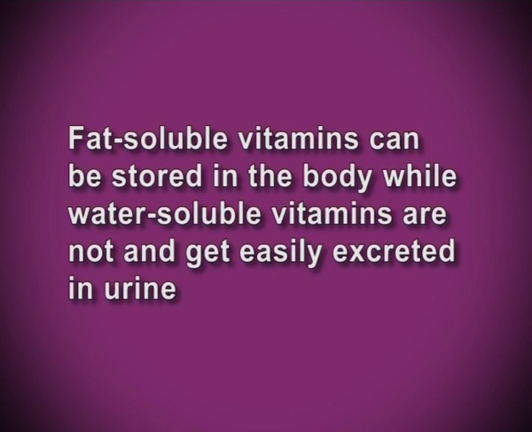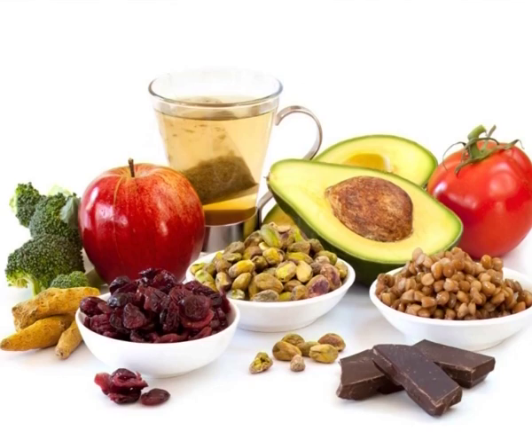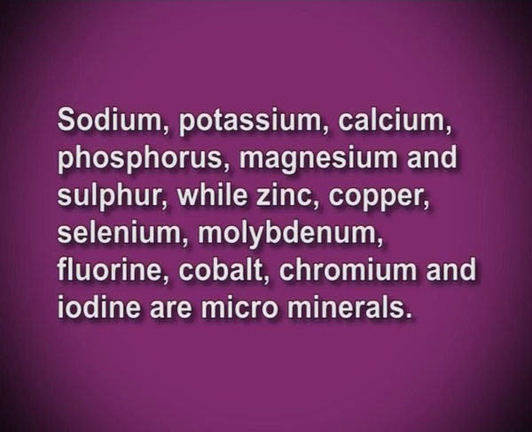Minerals. Minerals are inorganic elements found in the body, fluids and tissues. The important macro minerals are sodium, potassium, calcium, phosphorus, magnesium and sulfur, while zinc, copper, selenium, molybdenum, fluorine, cobalt, chromium and iodine are microminerals.